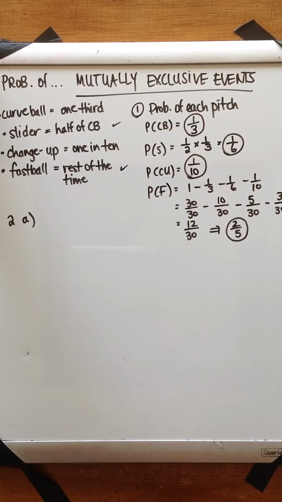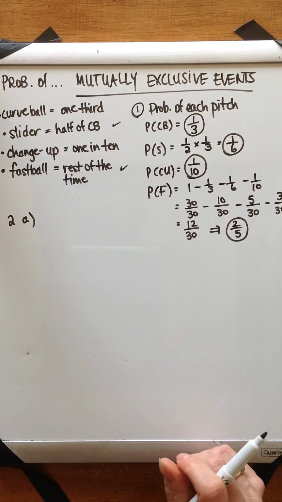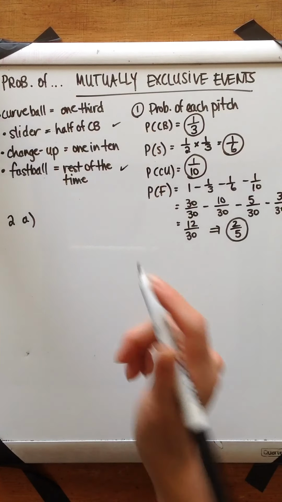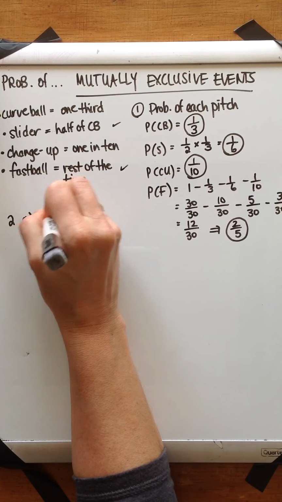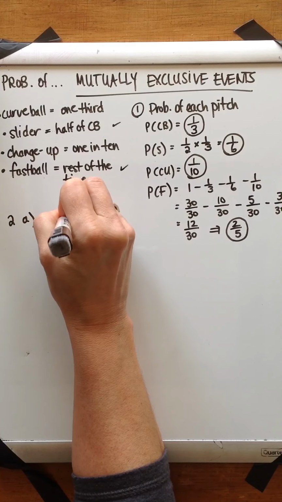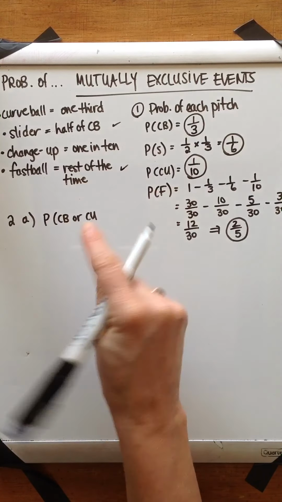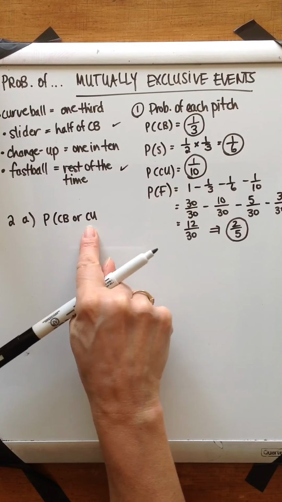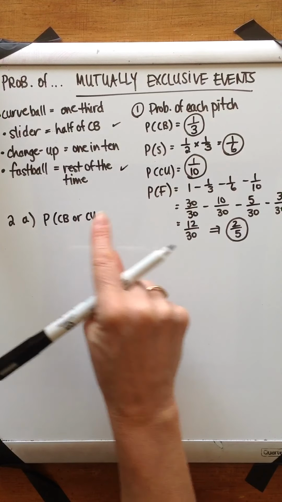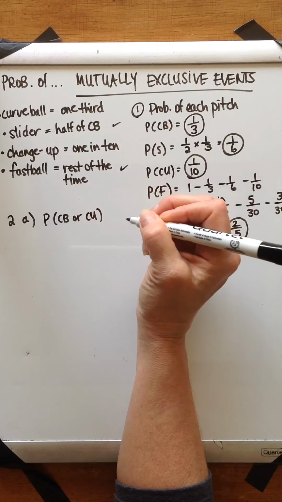So what is the probability that I will get a pitch I don't want? Let's remember that the ones I don't want are the changeup and the curveball. So the probability of getting a curveball or a changeup, and I've used CB and CU just because they both begin with C. So there's no multiplication here, it's just an acronym for each type of pitch.